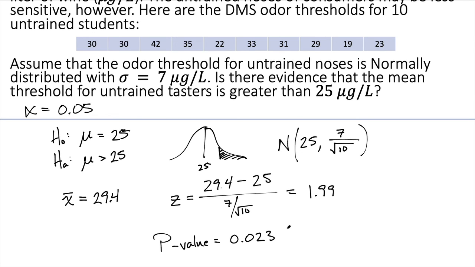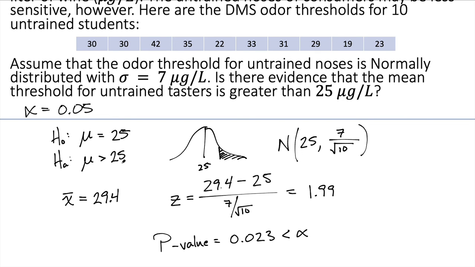And this is less than alpha, which I set at 0.05 at the beginning. Because it's less than alpha, I have found strong evidence that the mean threshold for untrained testers is greater than the 25 micrograms per liter.